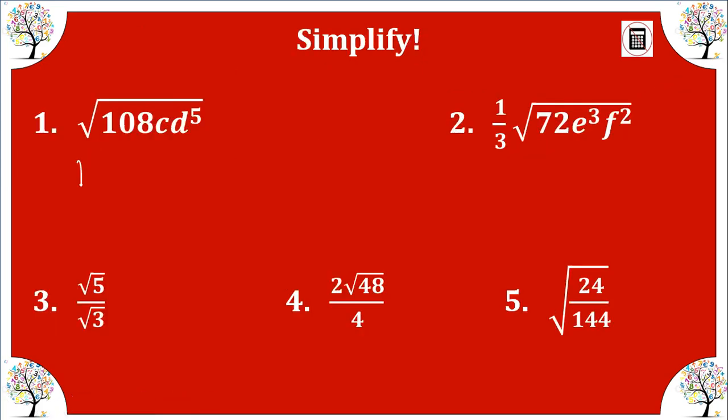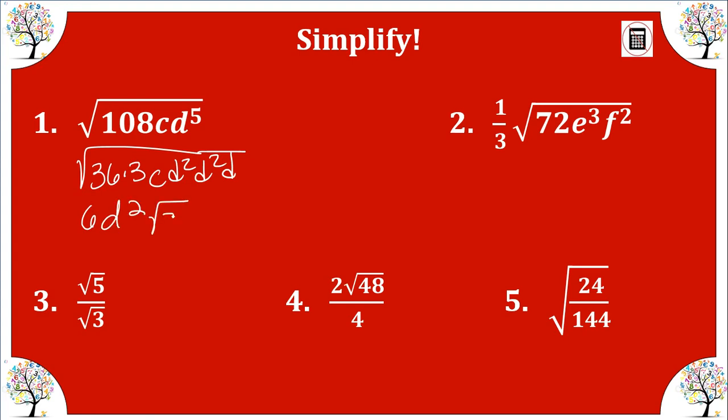Okay, let's simplify this. 108 is 36 times 3, c squared, d squared, d. We get 6 d squared radical 3cd. So I'm going to mark out those things that I took a square root of and extend that radical sign.